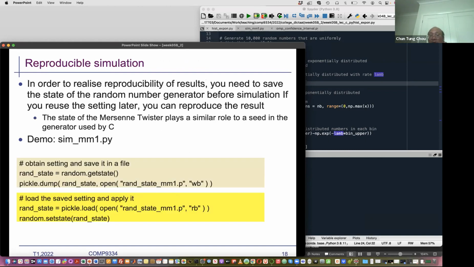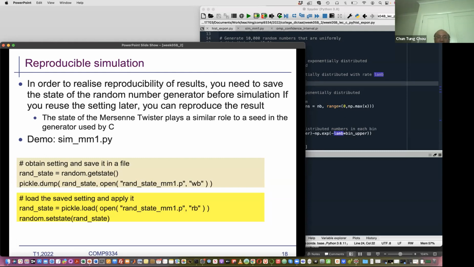What I'm going to show you is how you can make your results reproducible by storing the state of your random number generators. Earlier, when we talked about the random number generator for C, there is a number called the seed.